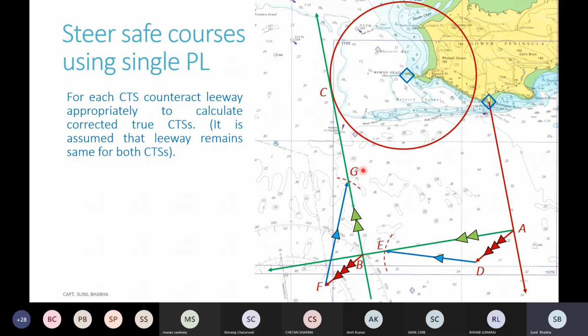Similarly, Foxtrot Golf is our second leeway track in case wind is affecting the ship. So we have the leeway angle, we have the direction of the wind, which is given to us in the question. So we have to counteract the leeway to find our course to steer. Usually the wind direction remains same at both the locations. They will give us a single leeway angle and a single wind direction, which will be applicable to both the courses.